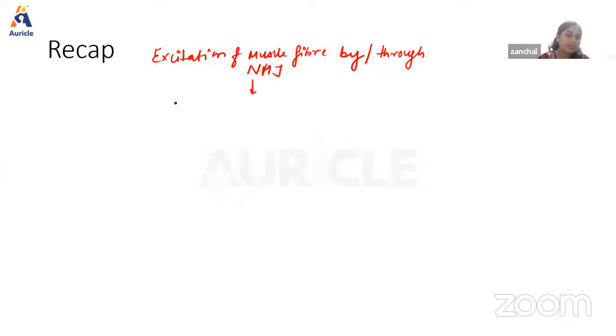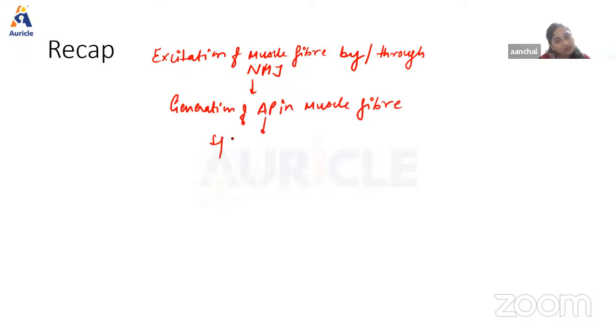There will be generation of action potential in the muscle fiber. Then there will be spread of action potential through the T tubule. What is the T tubule? T tubules are extensions of the sarcolemma through which the transmission can occur.